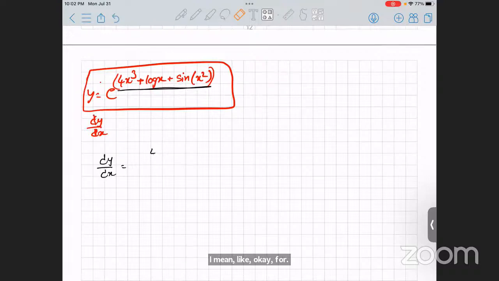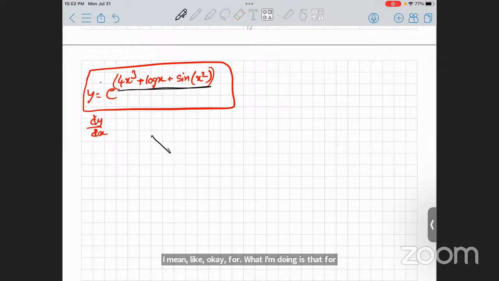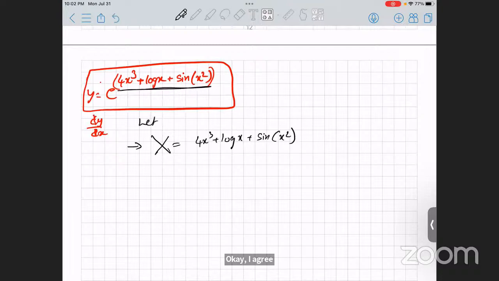For simplicity, let's consider capital X equal to 4x cube plus log x plus sin x square. Agree? Yes. Y equals e power capital X. dy by dx, d by dx of e power x equals e power x, so e power capital X.